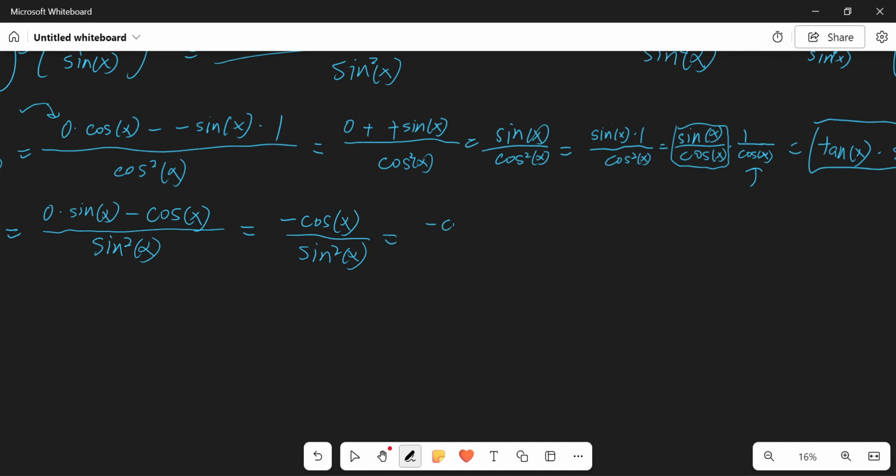We can do the same thing: sine squared x into sine x times sine x, which will become cosec multiplied by cot, negative.